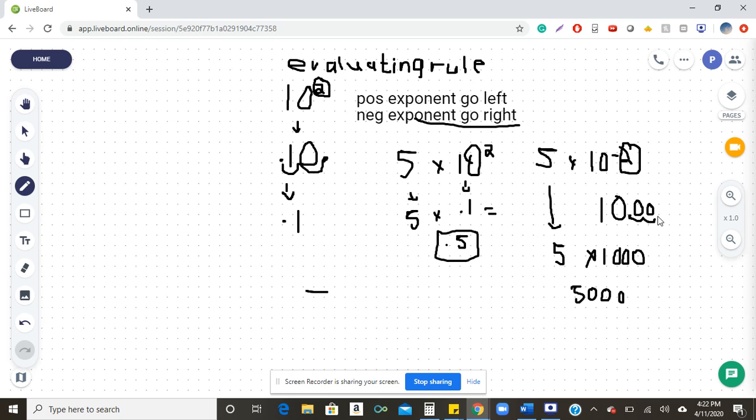So the exponent is 2, so we move to the right 2 times. So we end up with 1,000. So we bring down the 5, which is the left number, to the scientific notation, and we just multiply that by 1,000, which gives us 5,000.